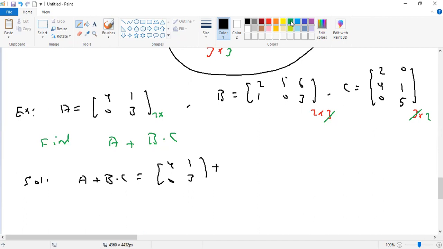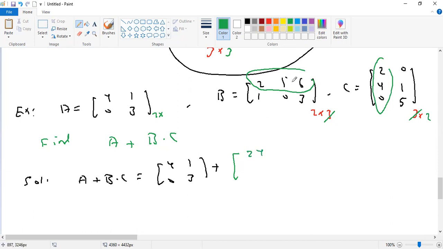What is b times c? We multiply the first row by the first column: 2 times 2 is 4, plus 5 times 4 is 20, so 24, plus 6 times 0 is 0. So the first entry is 24.